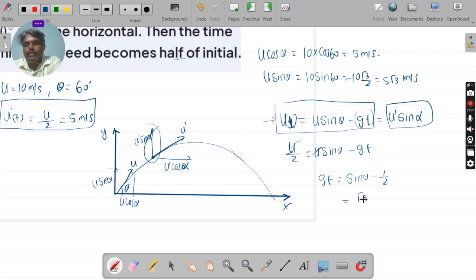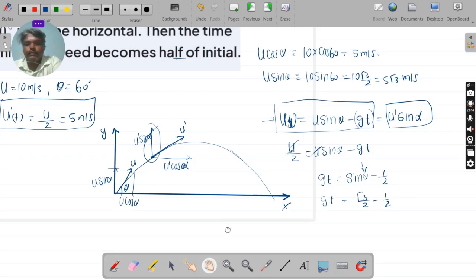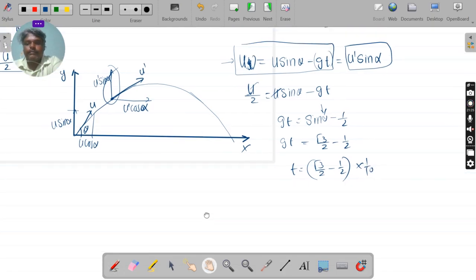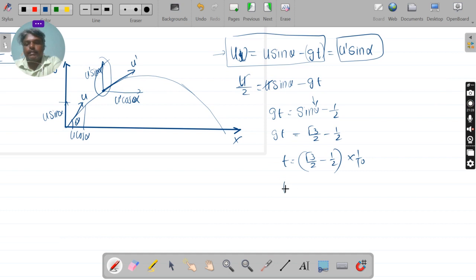Sin 60 is root 3 by 2, where theta is the initial thrown angle. So root 3 by 2 minus 1 by 2 is equal to gt. T is equal to root 3 by 2 minus 1 by 2, into 1 by 10. Take 1 by 2 common: root 3 minus 1, into 1 by 10. So the final answer is root 3 minus 1 by 2. Okay.